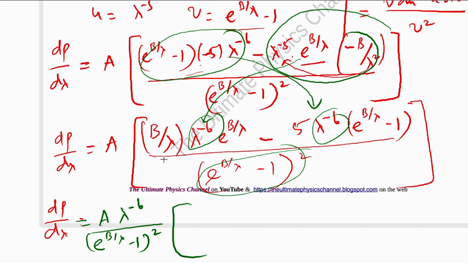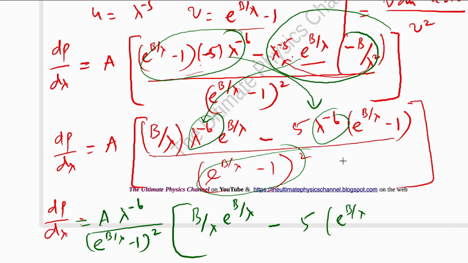That leaves the first term here with b over lambda, e power b over lambda only, minus the second one will have a 5, and since there is only this one term, the second term would be e power b over lambda minus 1.